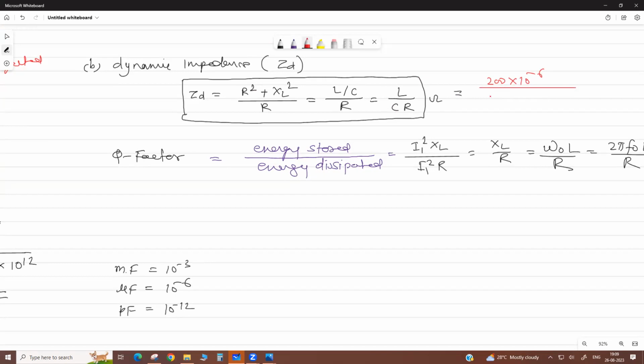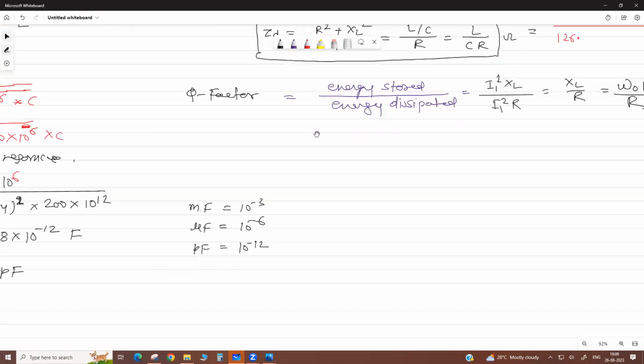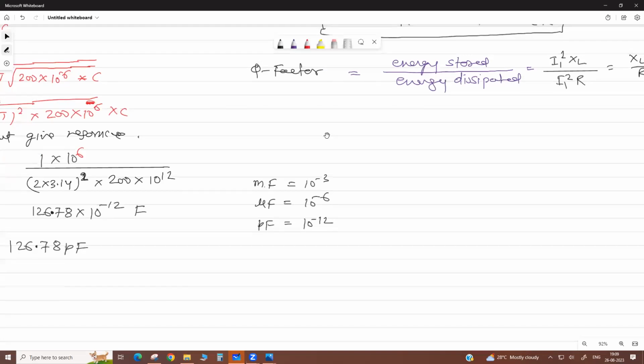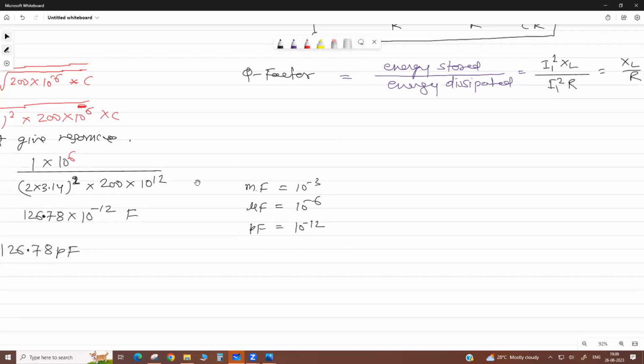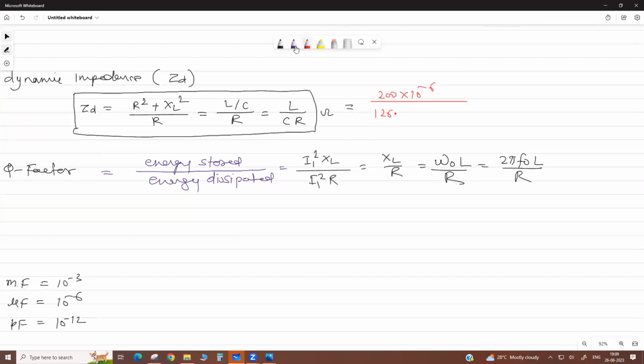You put C in capacitance value. Okay, that is 126.78 into 10 raised to power minus 12.